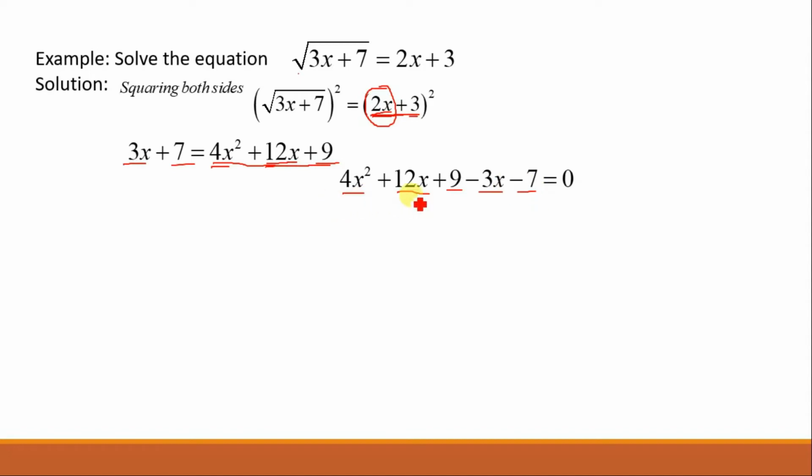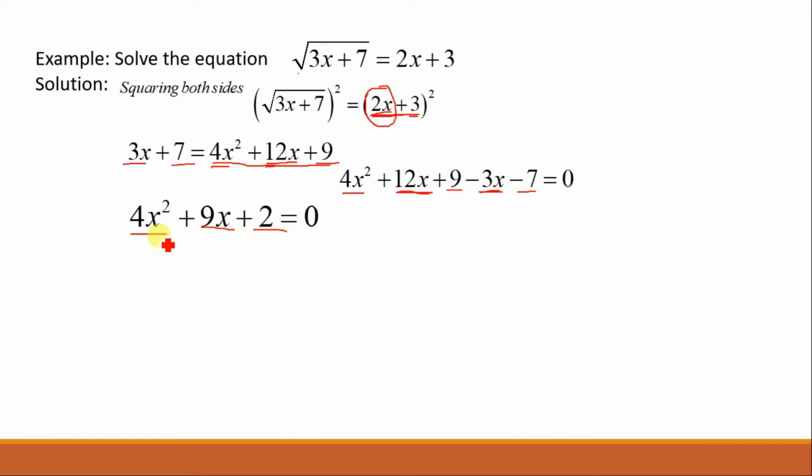We know that 12x minus 3x is equal to 9x and 9 minus 7 is equal to 2. So we have 4x square plus 9x plus 2 equals 0.